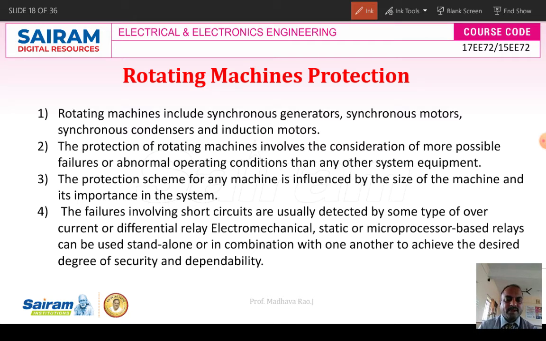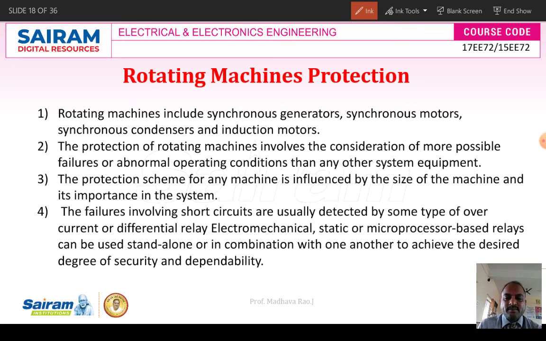Since the machine rotates on roller bearings or ball bearings, if the ball bearings are damaged, the alignment will be disturbed and it will produce more heat and more losses. Then the faults that occur in rotating machines are more.